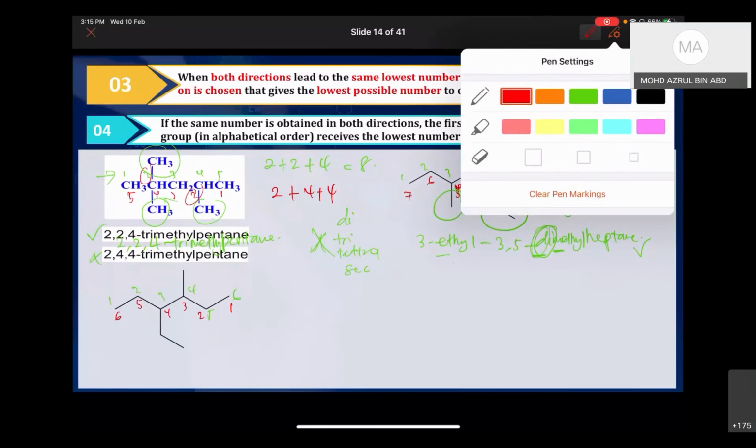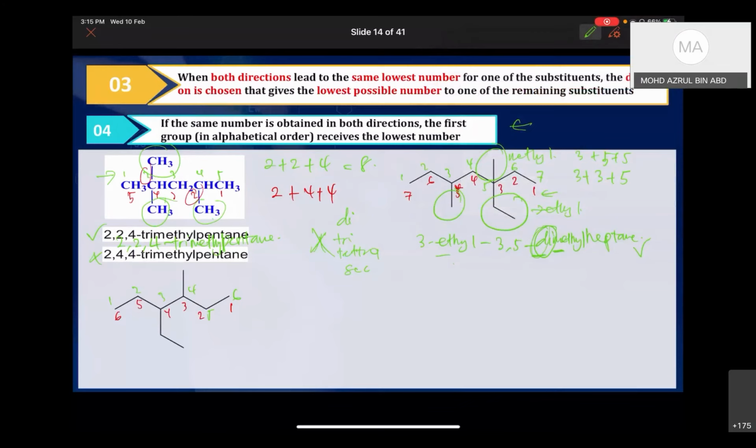Next, both substituents are attached at carbon number 3 and 4. Same in the other direction, carbon 3 and carbon 4. So it is the same in both directions. So how do we name it?